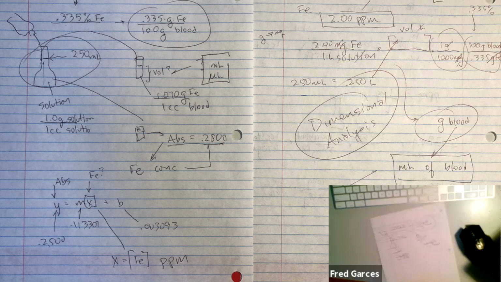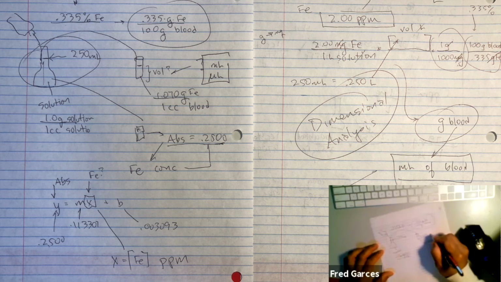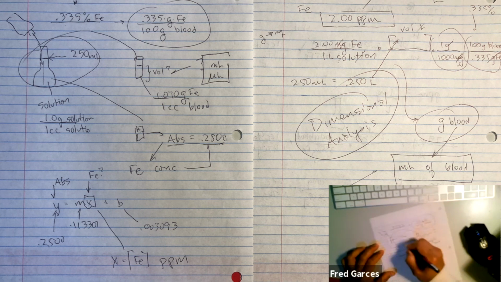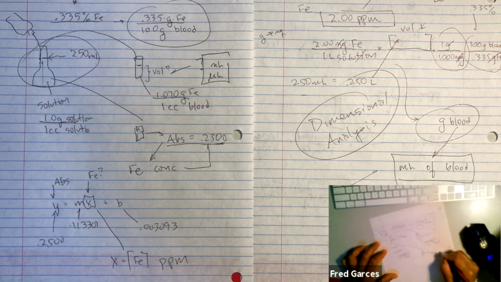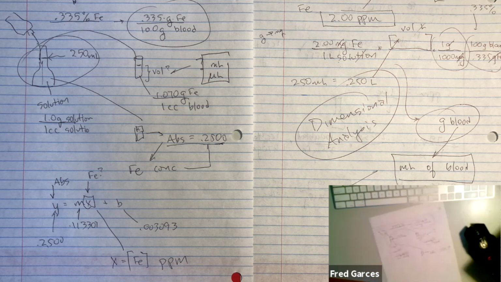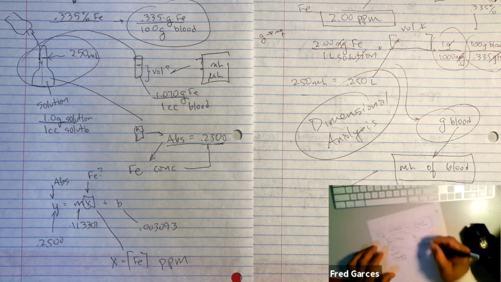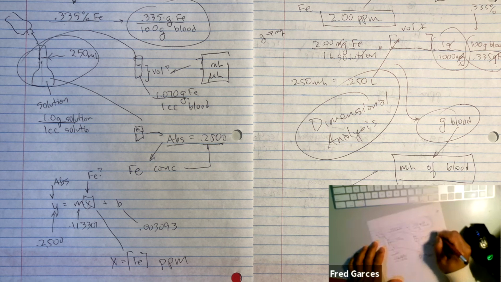So the question in this particular problem is, what volume of blood do I need so that when I prepare the solution and I put it in a cuvette, that cuvette has an absorbance of 0.250? That's the question. And then this volume that you guys are calculating is in milliliters and microliters. That's what you want.